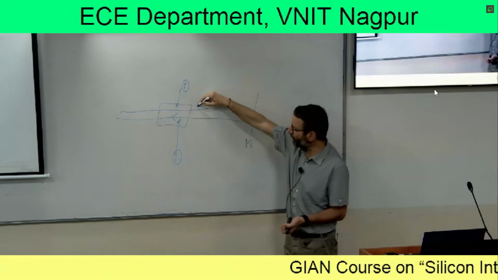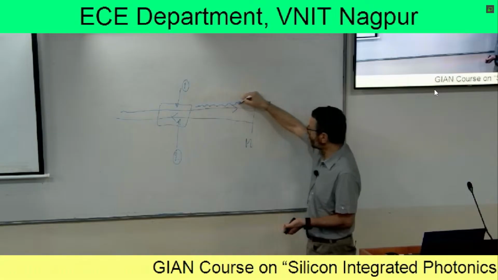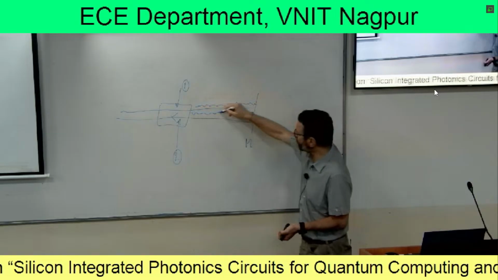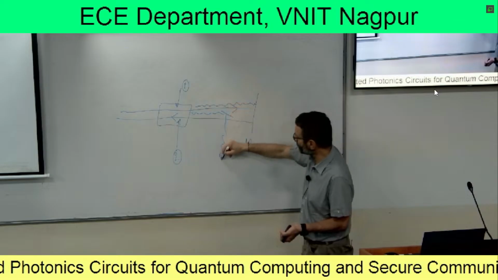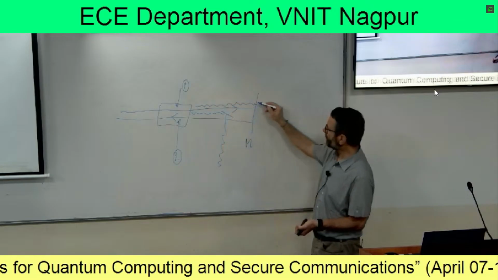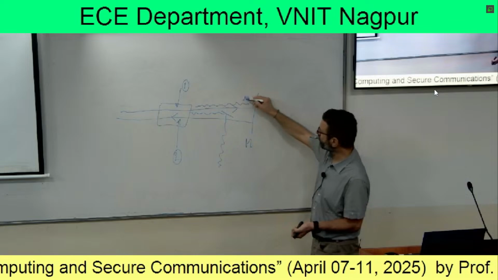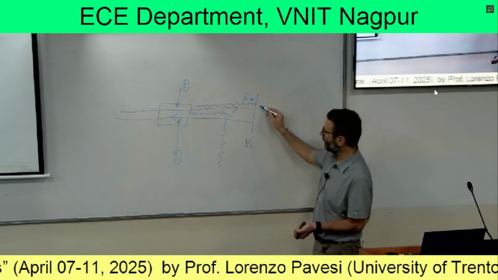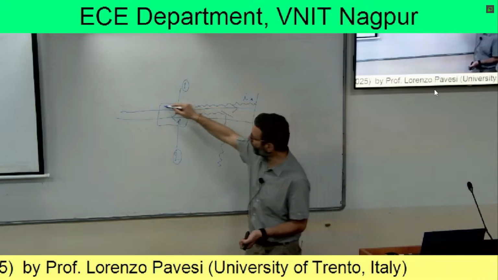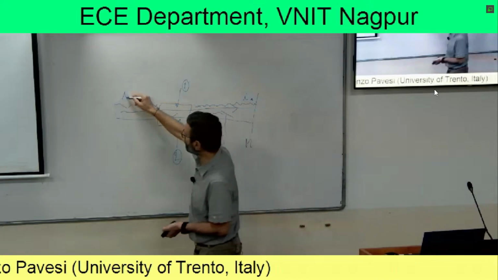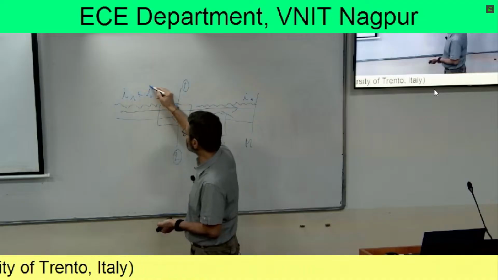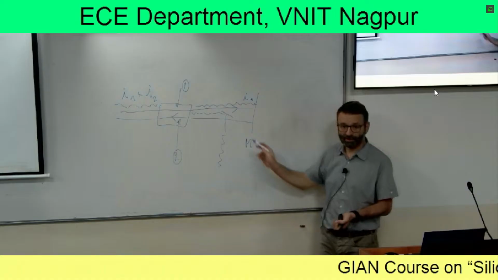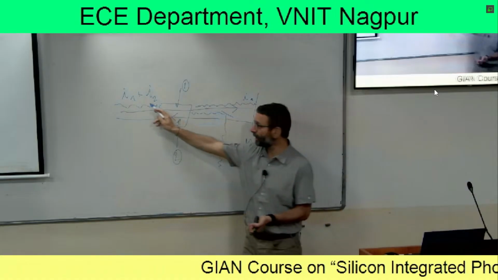In the first path, we have the generation of the idler photon, and then we have the generation of the signal photon. The idler photon generated by the first source is reflected back and goes through. Here we have the idler photon generated by the first source plus the idler photon generated by the second source, so we have the two sources' photons there.